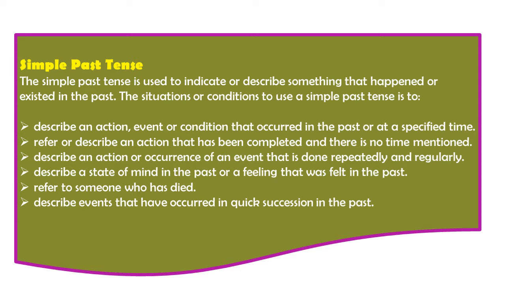Okay, before going to see conditions, let us understand what is simple past tense. The simple past tense is used to express an action that took place in the past and is over now. That means the action started in the past and it's over in the past itself.